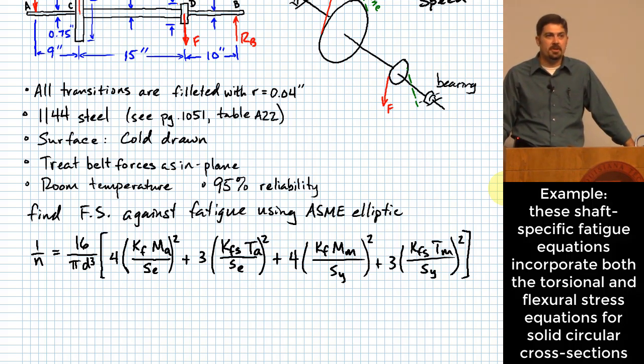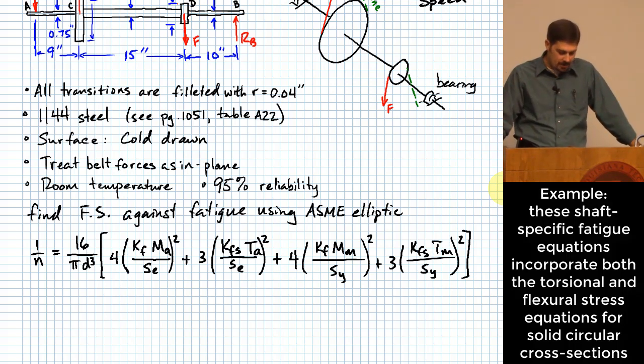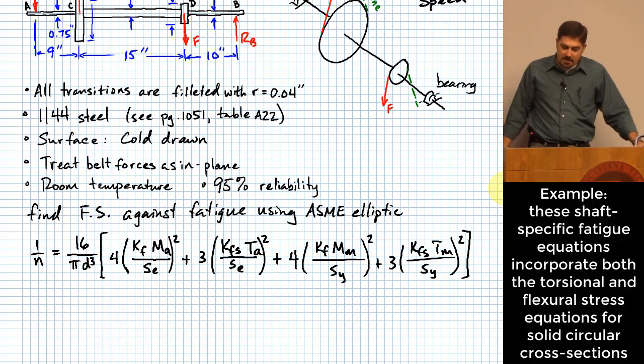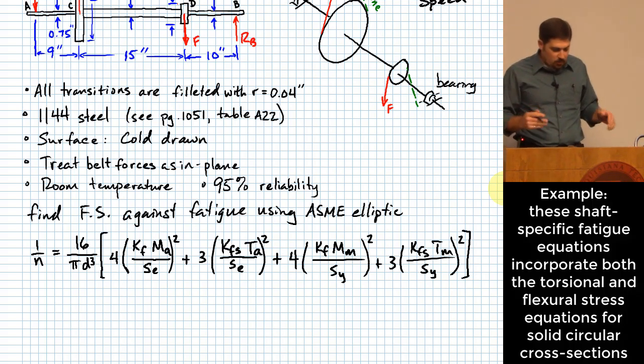That's not necessarily great, but it is nice that it is a one-stop shop. It encapsulates it all in one process. So that's our equation that we need to work with.